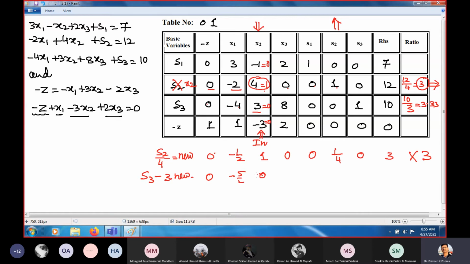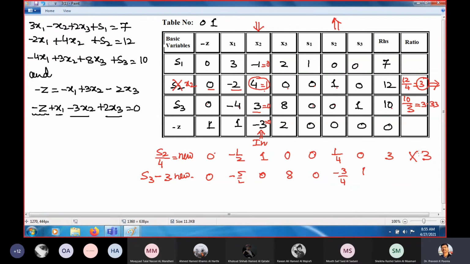3 minus 3, 0. 8 minus 0, 8. 0 minus 0, 0. 0 minus 3 by 4, because we are multiplying by 3 here. 1 minus 0 is 1.